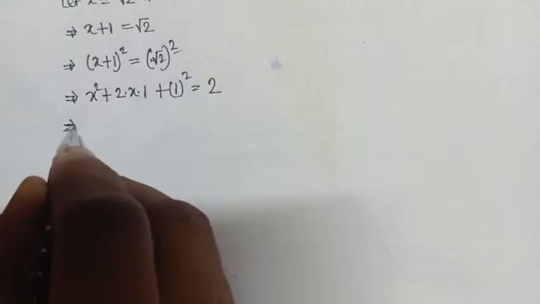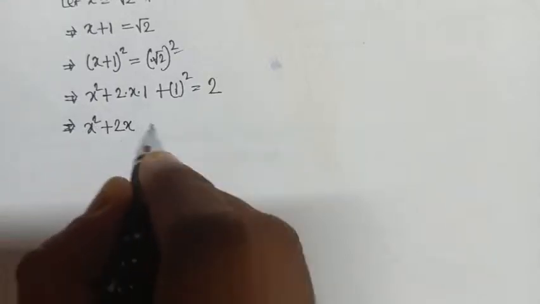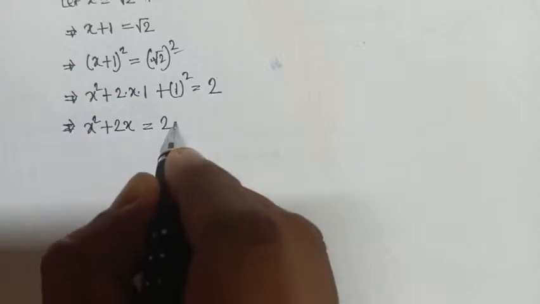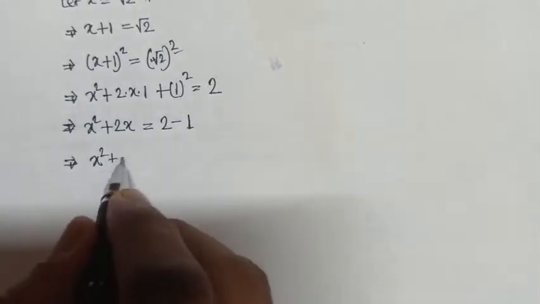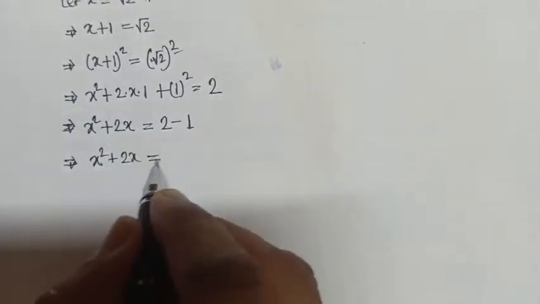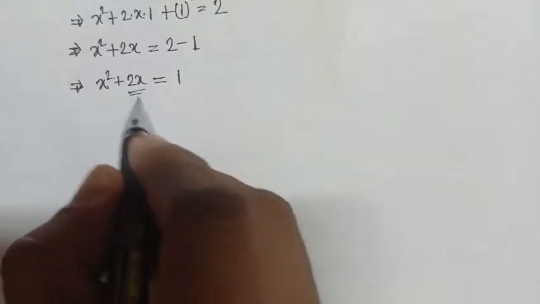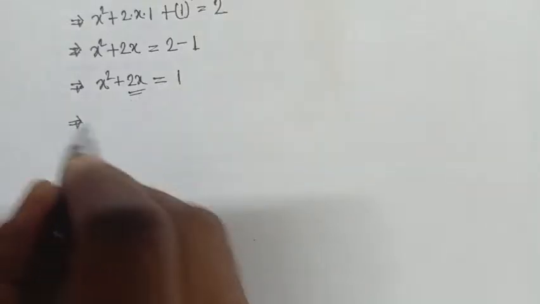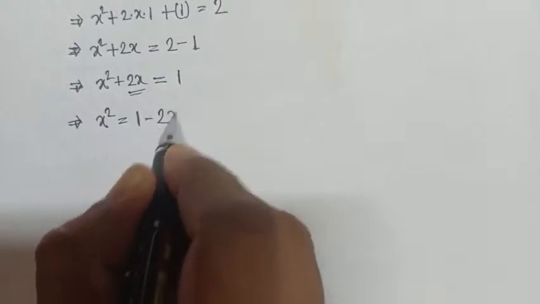If we move this 1 to the right hand side, we get x square plus 2x is equal to 2 minus 1. Then we can write x square plus 2x is equal to 1. Now if we move this 2x to the right hand side, we get x square is equal to 1 minus 2x.